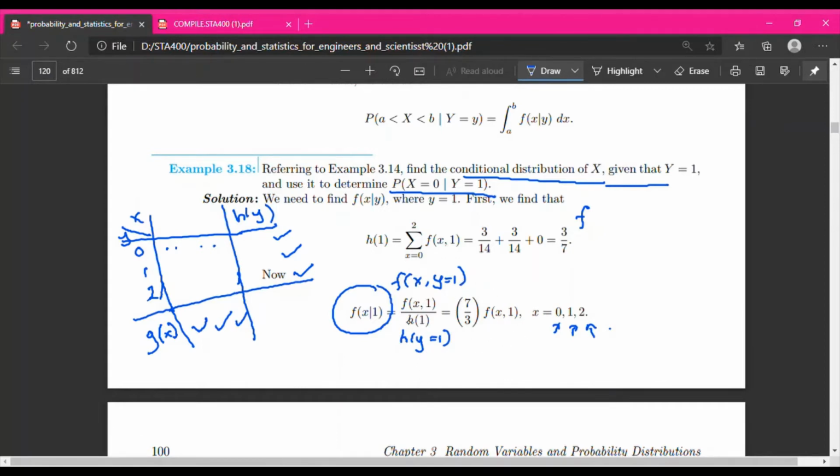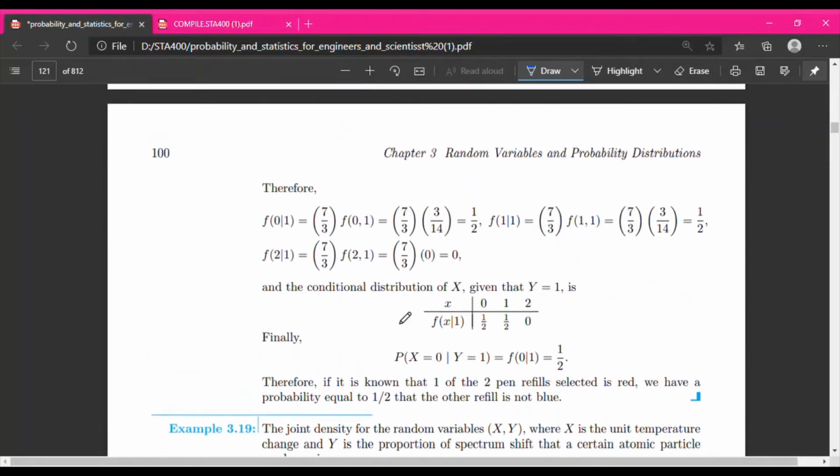So here f(x,1). How do we get f(x,1) here? It comes from the function here. Let's say x here is 0, 1, 2. So here it can be f(0,1), f(1,1), and f(2,1), divided by h(y equal to 1).